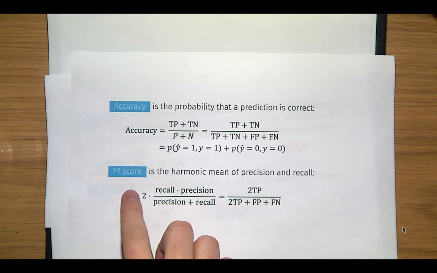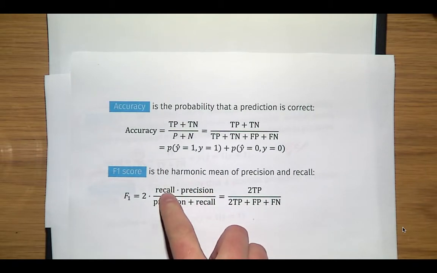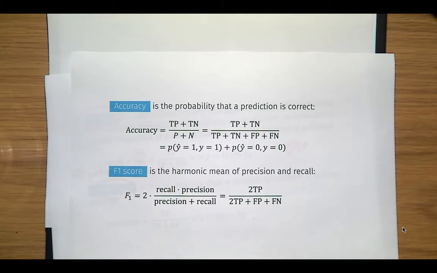And then you have the F1 score, which is kind of a weird one, but basically you're trying to combine the precision and the recall into a single number, which is called the F1 number. All right. So the F1 number is kind of an attempt at creating a single metric that captures two metrics at once. Okay, so you're trying to say, I can combine the recall and the precision into one metric.